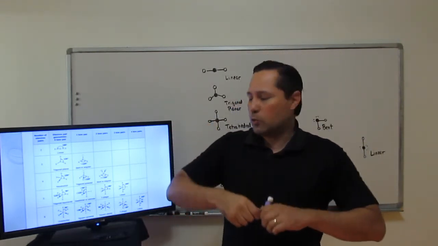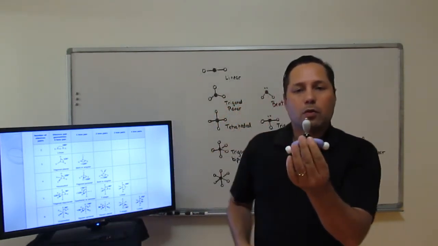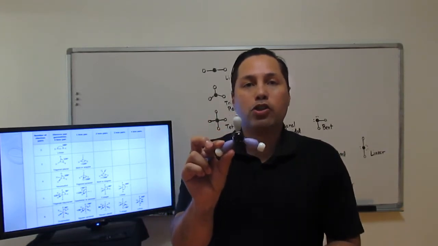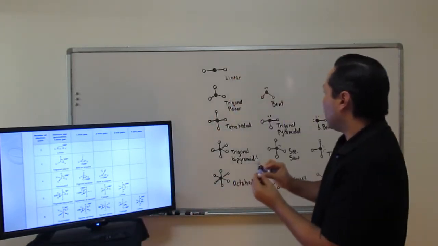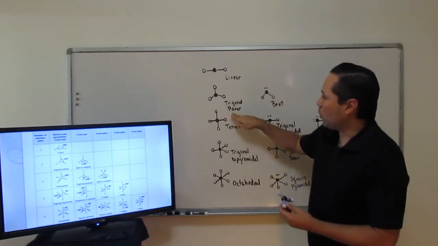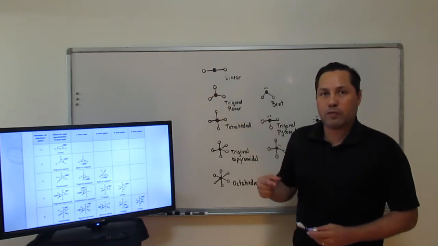But it does have variations. In its place, you could have this, where here in gray is a pair of unshared electrons. In our diagram, it will look like that. So for the trigonal planar, which is the first one I showed you, it would have 3 shared pairs of electrons.